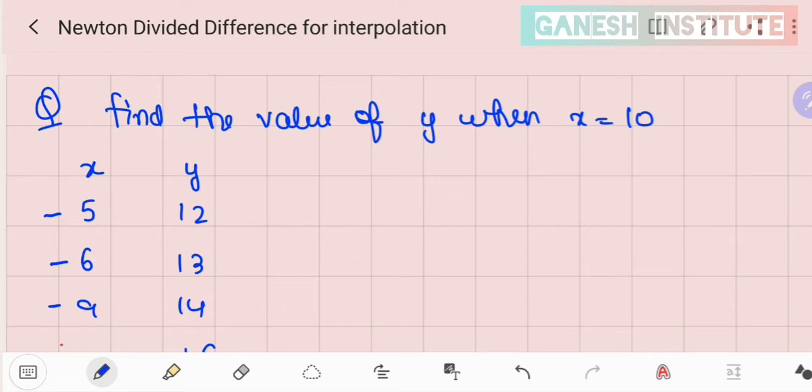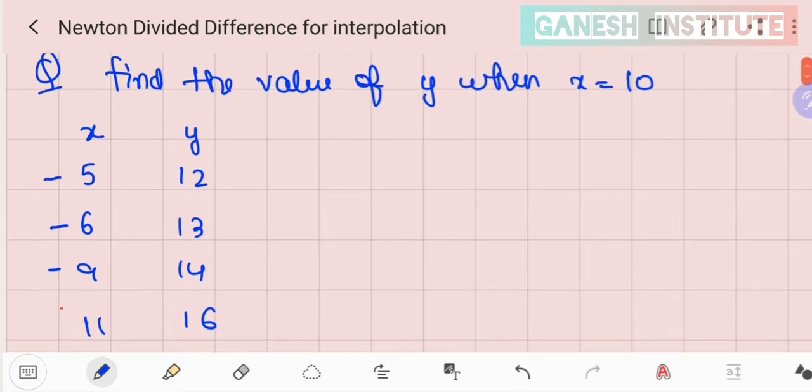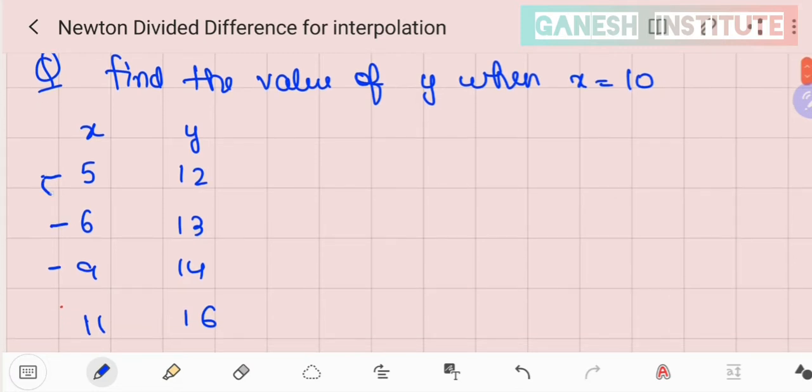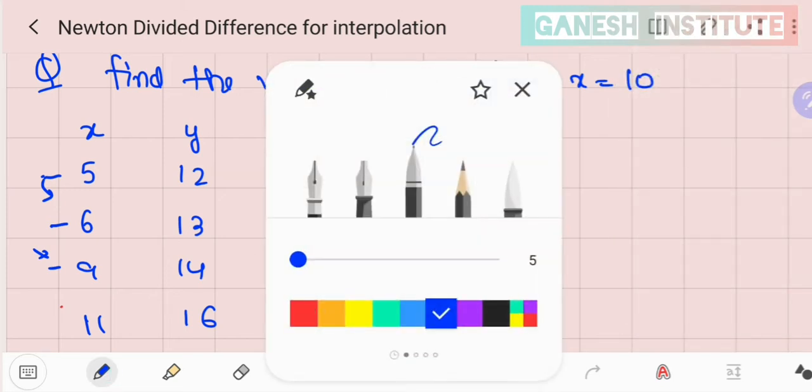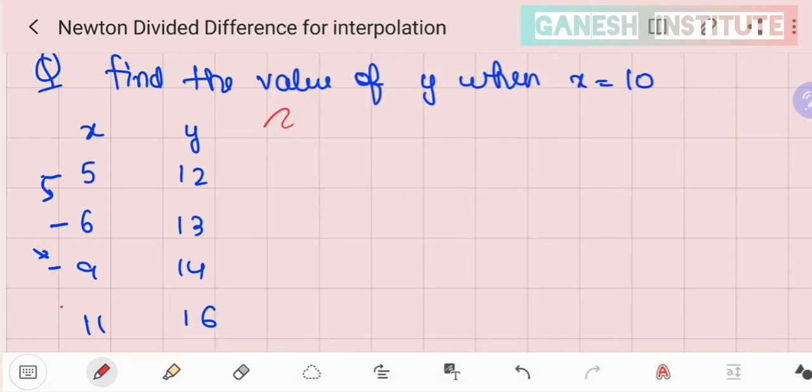But what if unequal interval is given, just like in this question, 5, thereafter 6, thereafter 9, so unequal interval is there, right? So in that sense, you can apply Newton divided difference, and how it works is like this. First of all, find out the operator for Newton divided difference.